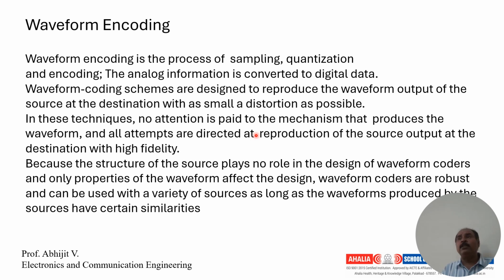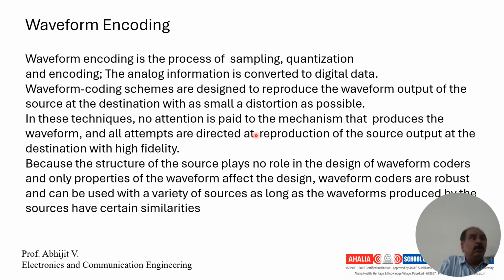Sampling means we want to convert this analog signal into digital signals. We will be taking discrete points of time in such a way that we lose the least information. We are taking samples from the waveforms. Quantization: after we take the samples, we convert these samples into digital symbols.